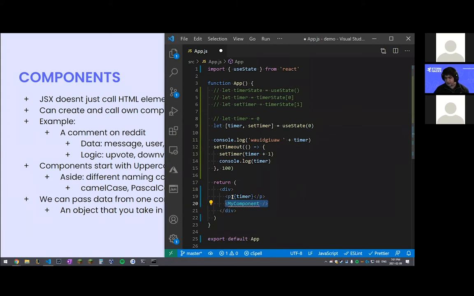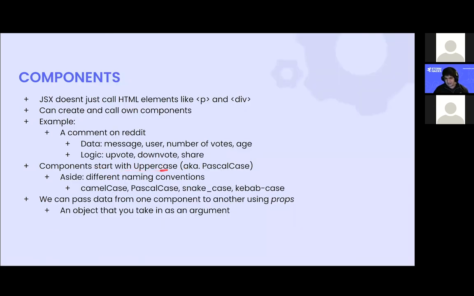And the way that React will know it's different is because we'll use a capital letter instead of a lowercase letter. So it will notice this capital and say, this is a user component, not an HTML tag. So it starts with an uppercase. We often use Pascal case. We kind of treat these like classes in a way. So we use Pascal case. Just a quick aside, if you guys don't know the different naming cases here, they are.